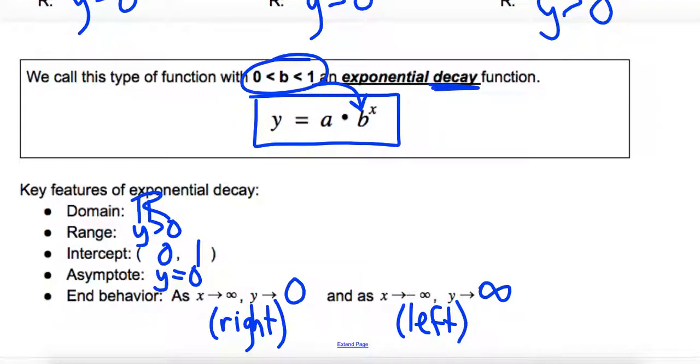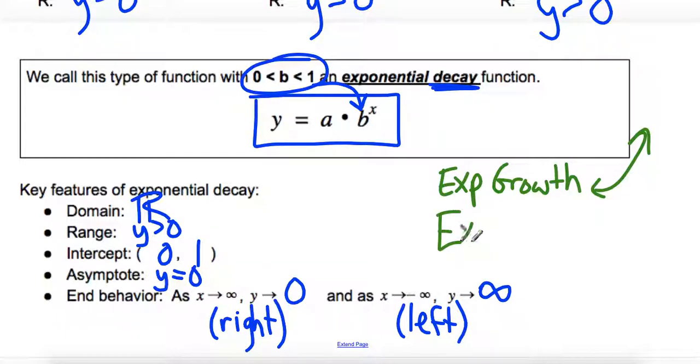So we learned last week that exponential growth functions have this general shape. Exponential decay functions have this general shape. Okay, those going down. And the difference is the base b that we have. So in the next video, we'll investigate how to deal with our transformations on these things.